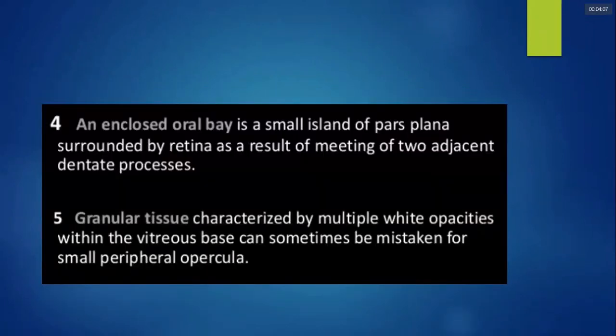Enclosed oral bay is a small island of pars plana surrounded by retina as a result of meeting of two adjacent dentate processes. So the granulation tissue is characterized by the multiple white opacities within the vitreous space and can sometimes be mistaken for the small peripheral operculum. Operculum is just the covering.